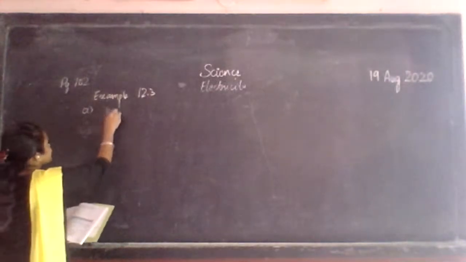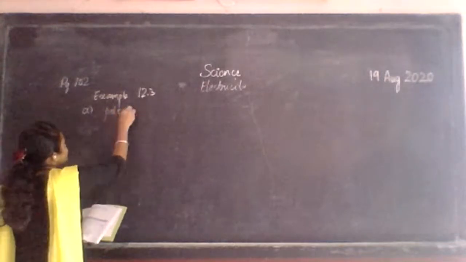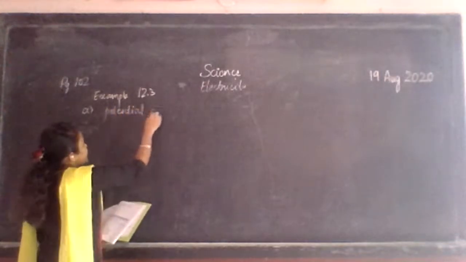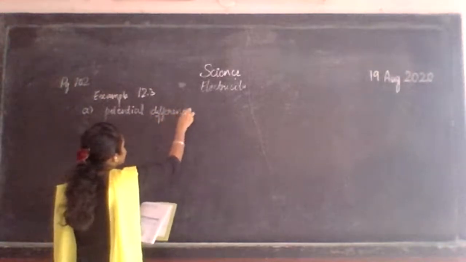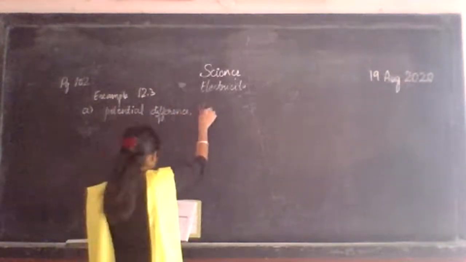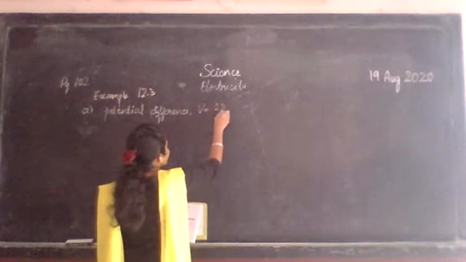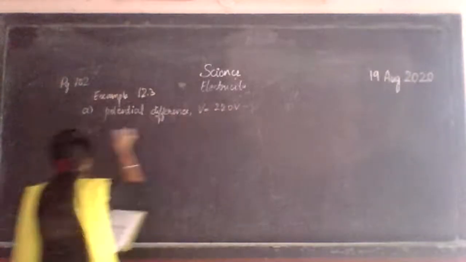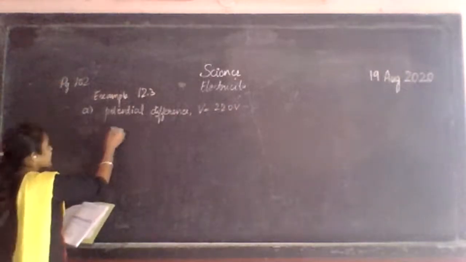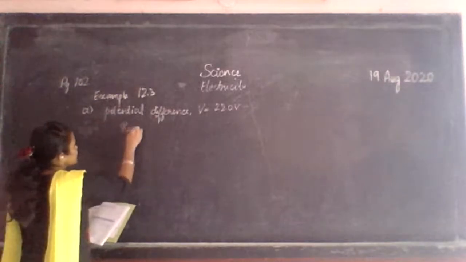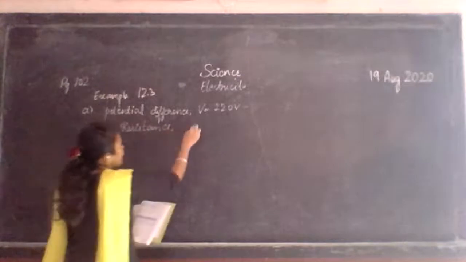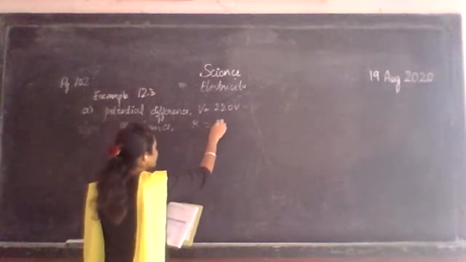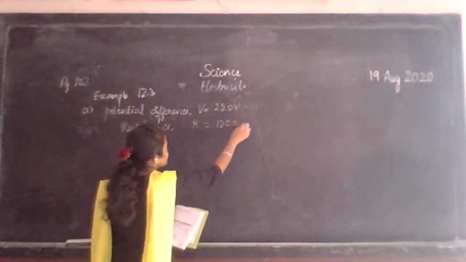So they have given the potential difference, V is equal to 220 volts, and the resistance R is equal to 1200 ohms.